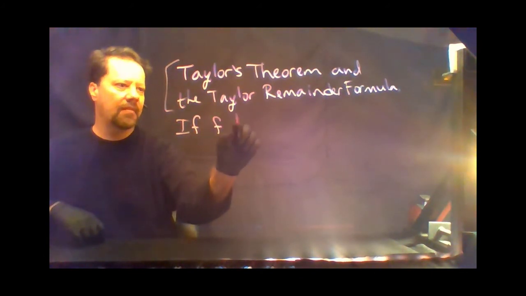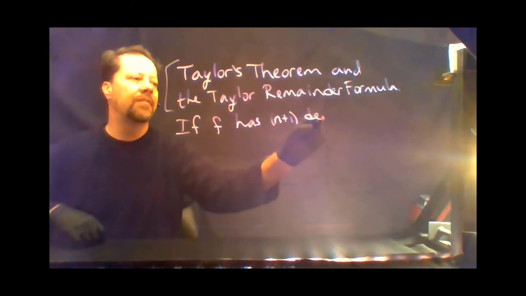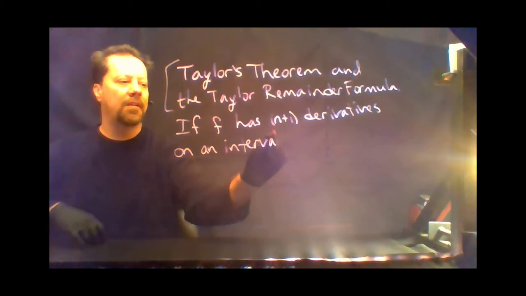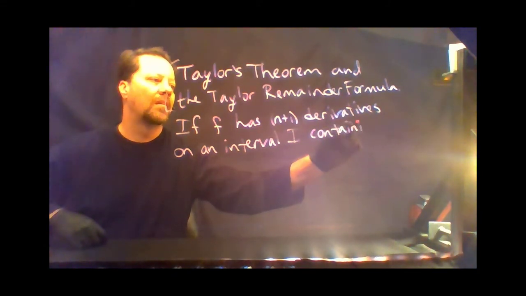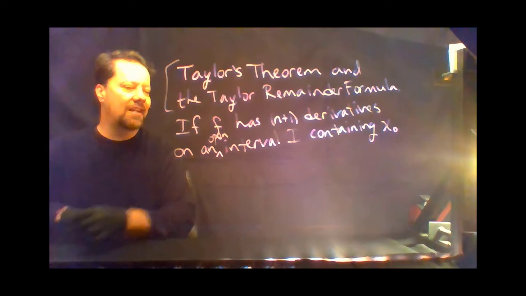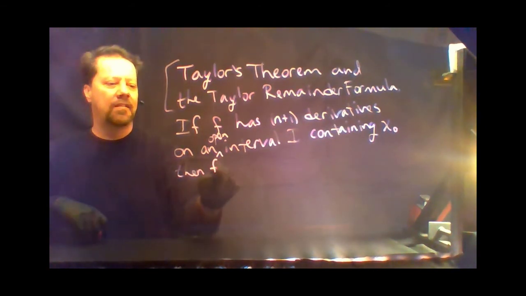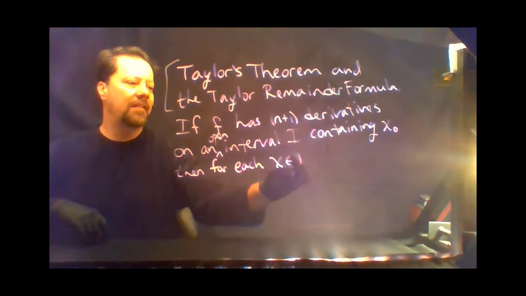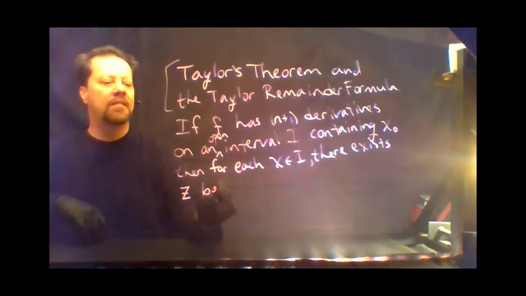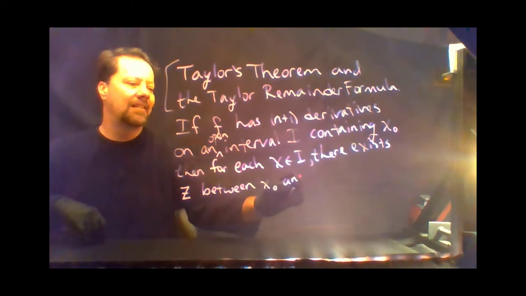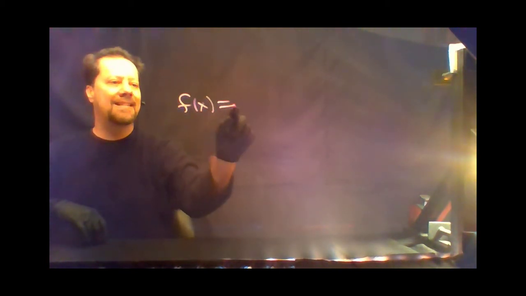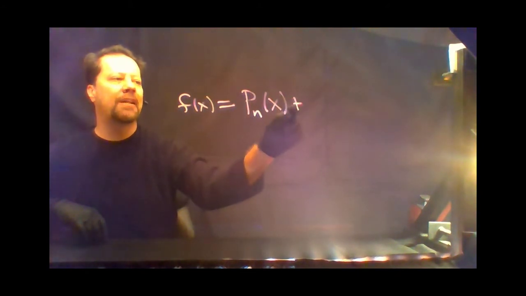If f has n plus 1 derivatives on an open interval I containing x naught, then for each x, an element of I, there exists some point z between x naught and x such that the original function is equal to the Taylor polynomial plus an error.